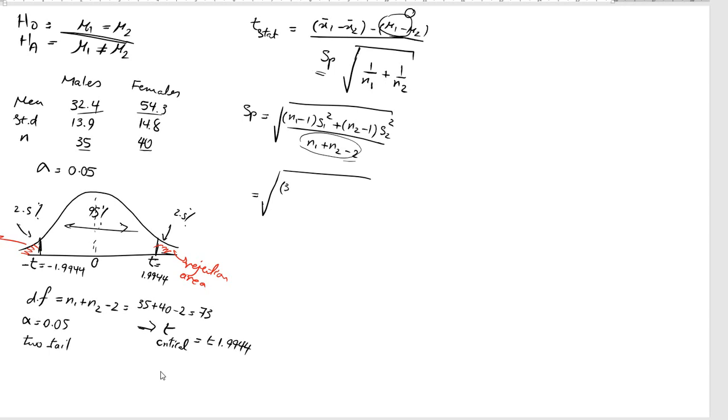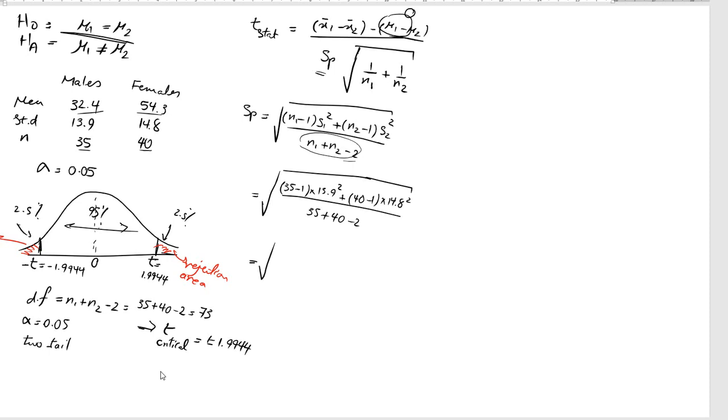It would be 35 minus 1 times 13.9 squared plus 40 minus 1 times 14.8 squared over 35 plus 40 minus 2.